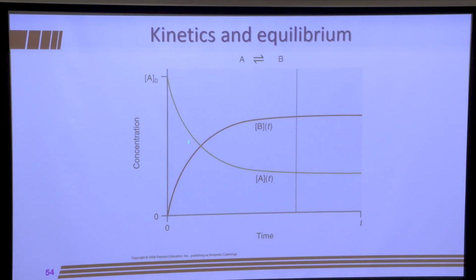But eventually in time, the B accumulates, and now A can give B and B gives A, and so at some time, about there, the system reaches equilibrium and the rate of formation of B from A is equal to the rate of formation of A from B.